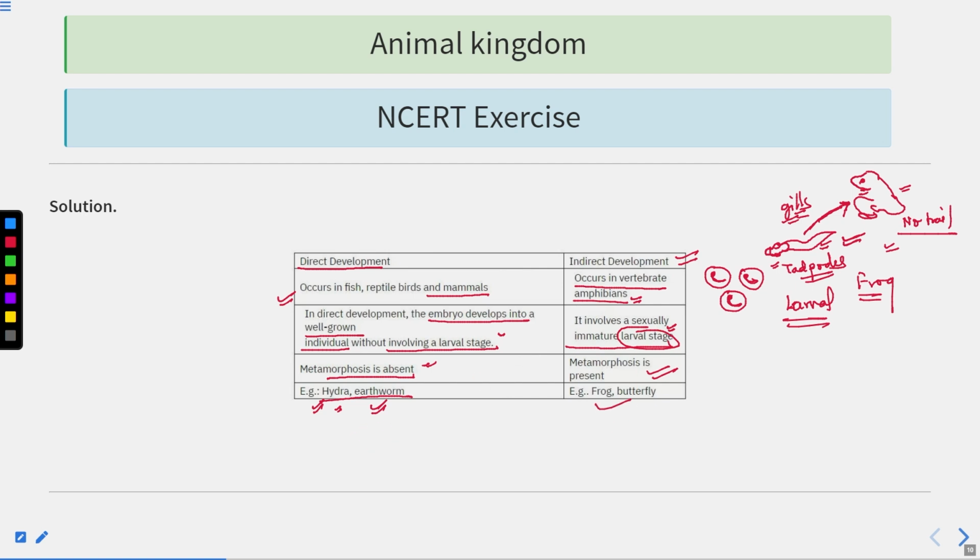Whereas in the case of frog and butterfly, and even in the cockroach, their larval stages are called nymph. In the case of frog, it is called tadpoles. Butterfly, caterpillar, pupa, these are some of the stages that you see in the butterfly life cycle. So those are the indirect development.